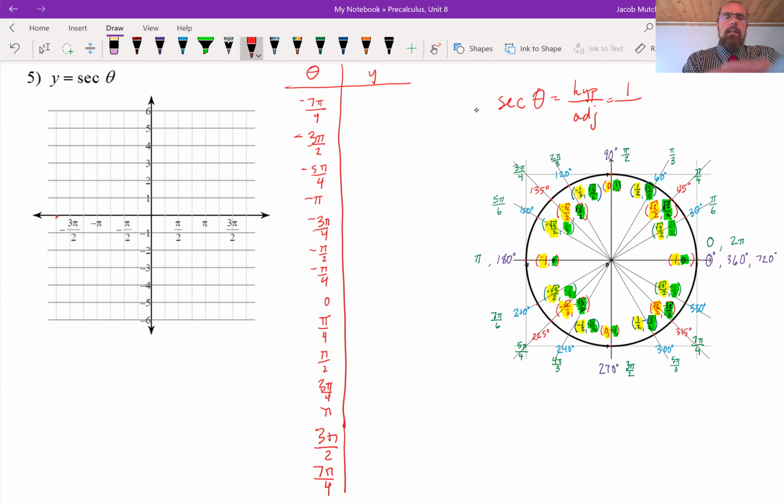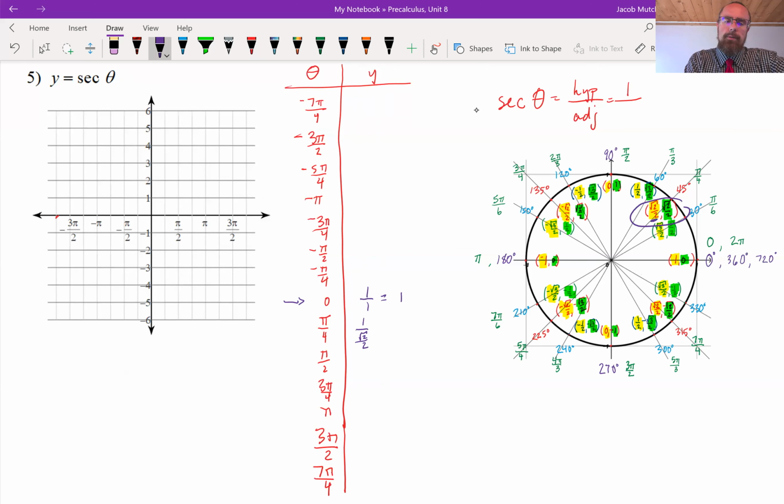So we'll start again at 0. 0 is always a good place to begin because that's standard position on the unit circle. So it's going to be 1, the hypotenuse length, divided by the x value of 1. So that value is just 1. At pi over 4, it's going to be 1 divided by the square root of 2 over 2. Again, I'm just picking up the yellow value there.